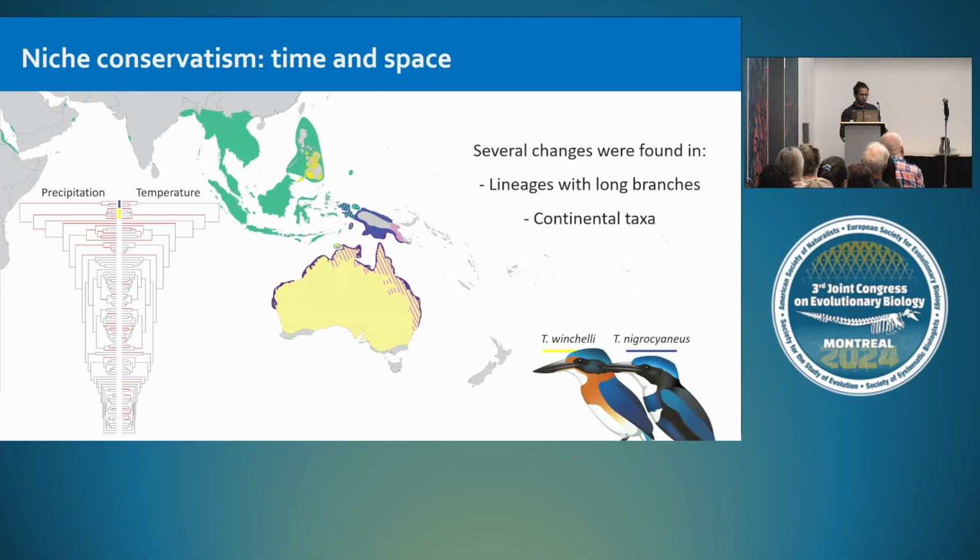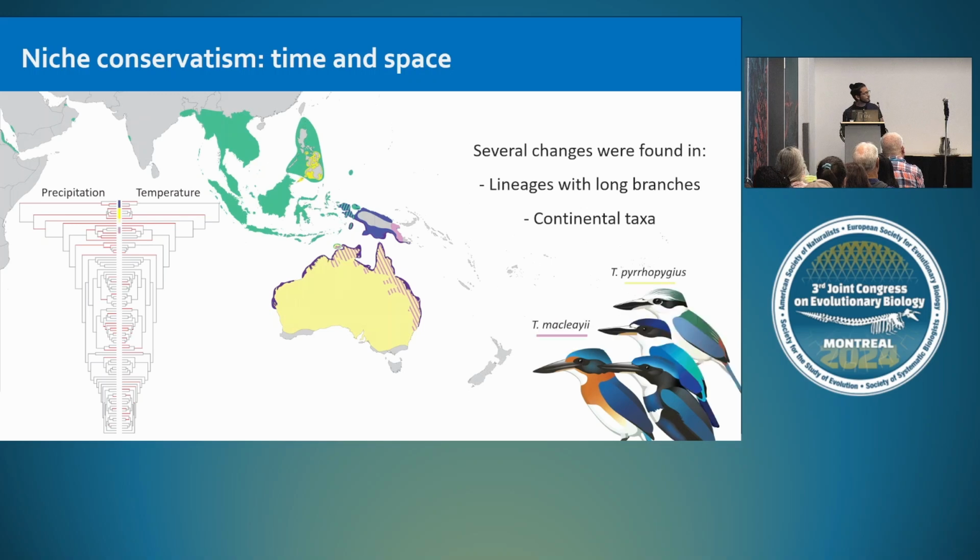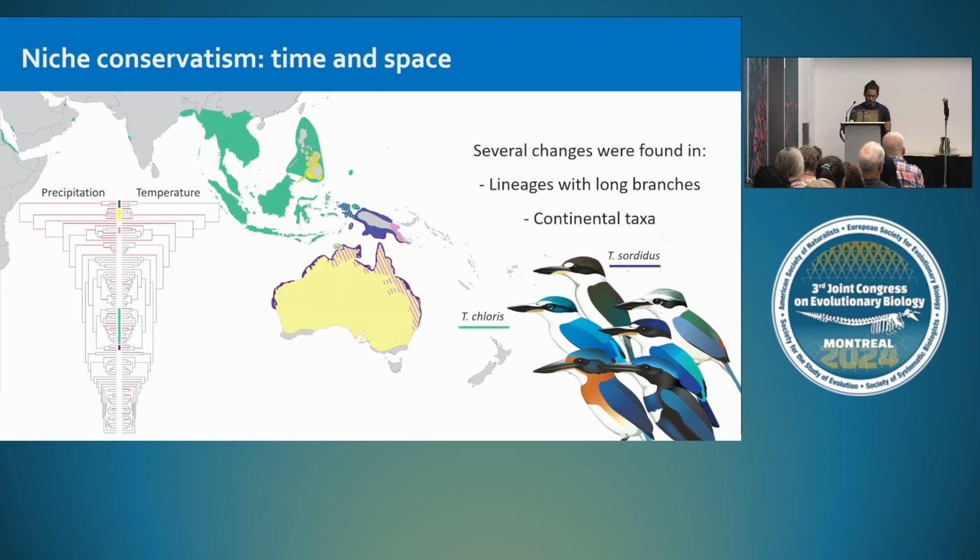We see a lot of changes in lineages with long branches, or that diversify earlier, like these species in the Philippines and in New Guinea, but also these widespread Parapyges species in Australia, Maclae, which is in Australia and the east coast of New Guinea, and also in more recent groups that are widespread, like Chloris is the only one that is in Africa and Asia, and Sordidus, which has become one of my favorite ones, and I'll show you why, which is in the northern coast of Australia.